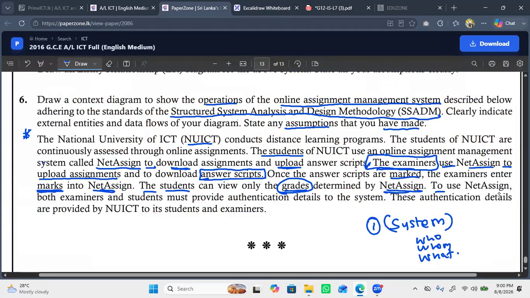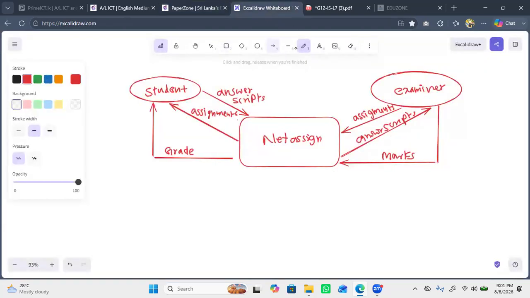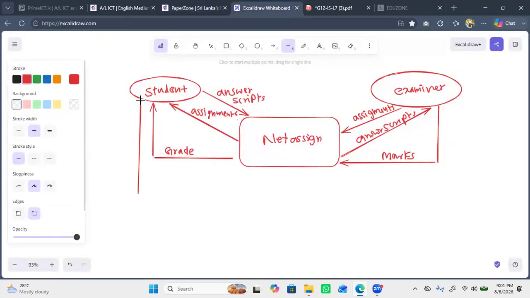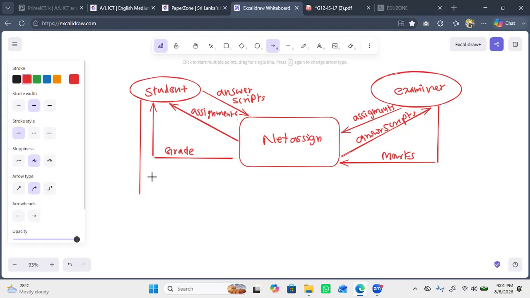To use Net Assign, both examiners and students must provide authentication details to the system. Both examiners and students must give what? Authentication details. Okay, the student should give the authentication details. I will mark that. Student.